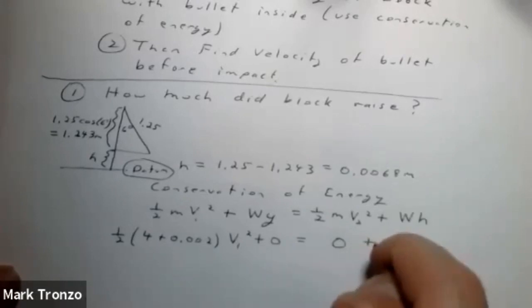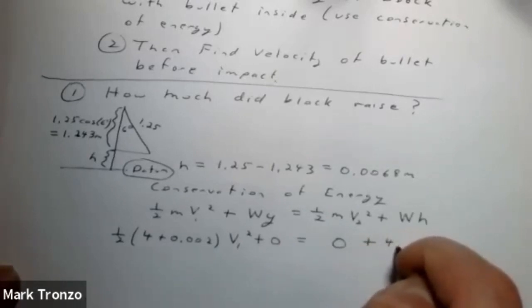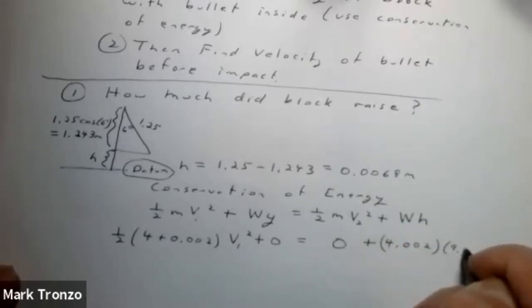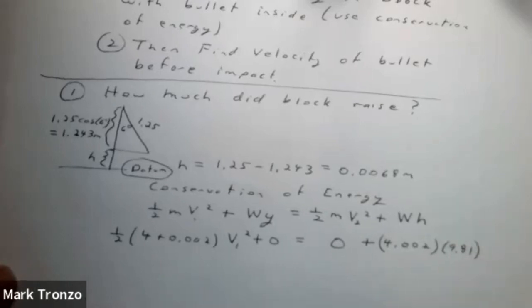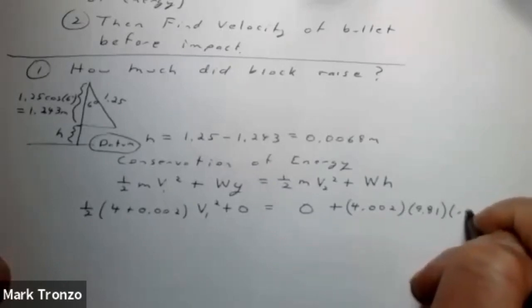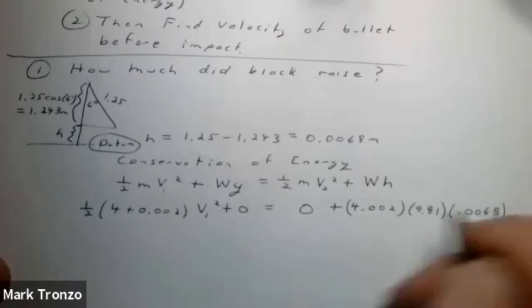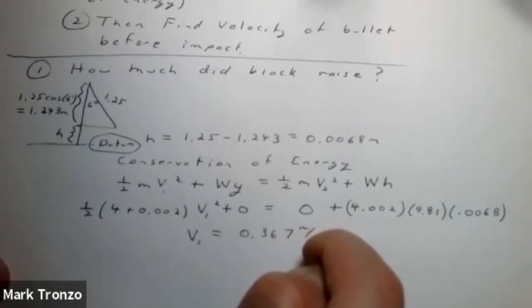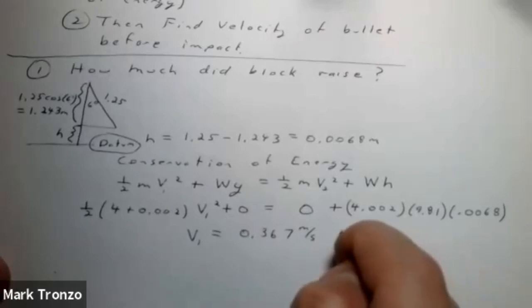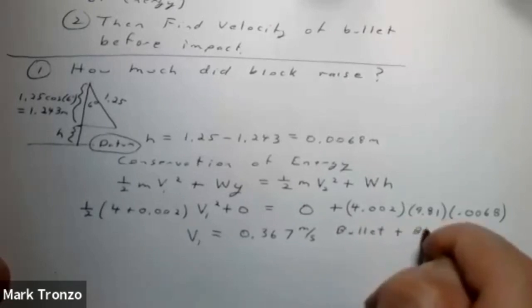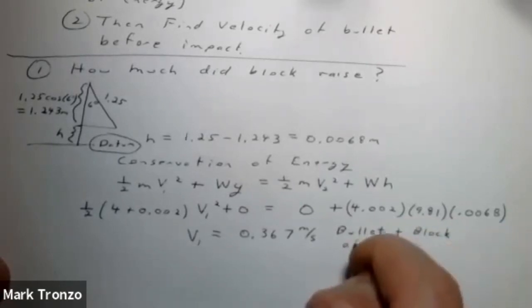Then plus the weight, which is 4.002 times 9.81, times the height we calculated, 0.0068. If you put that all in your calculator, you get a velocity of 367 meters per second. That was bullet plus block after impact.